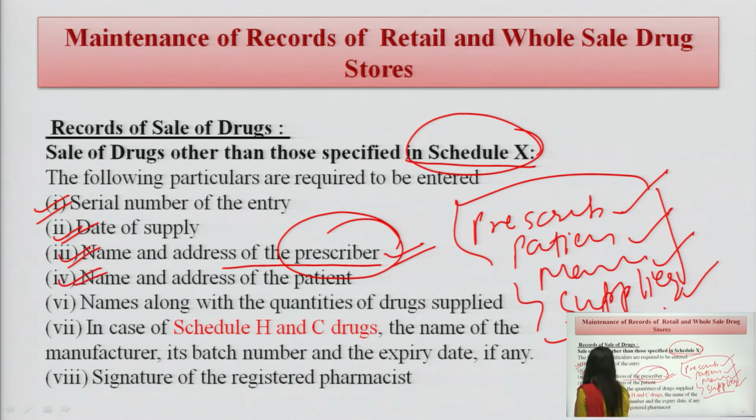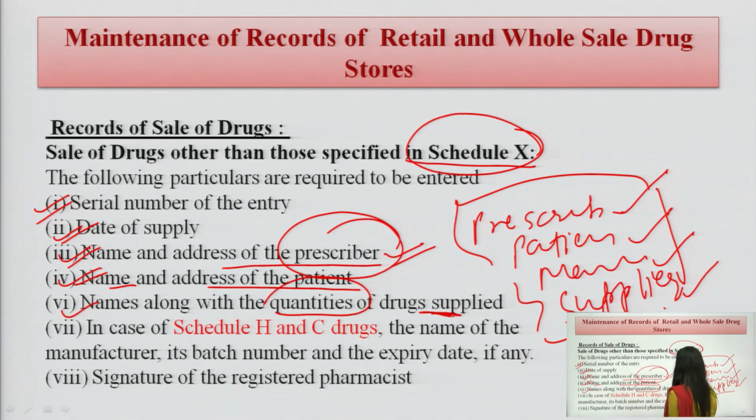Yes, name and address of the patient. I told you, names along with the quantities of the drugs. How much quantity the pharmacist has given or how much is written in the prescription. Of course, it is given in the same manner.